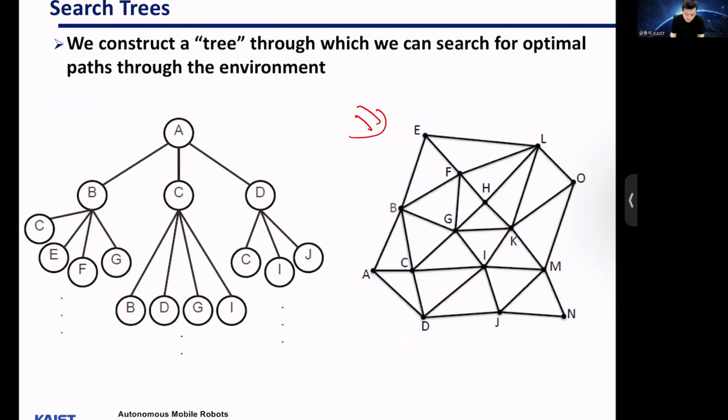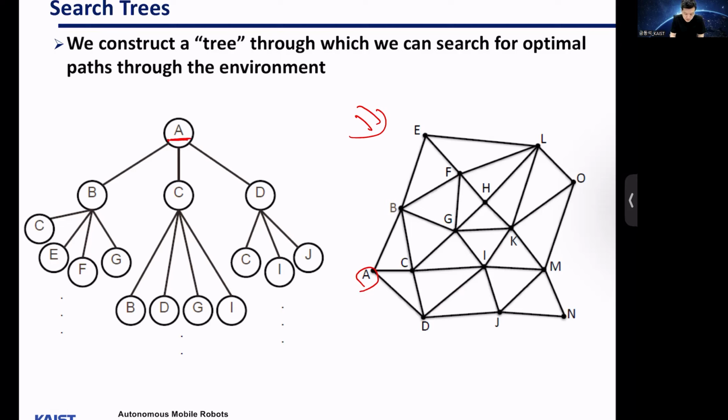Let's say you're starting from point A. Then the search tree is: you create your action candidates as branches starting from the A position.